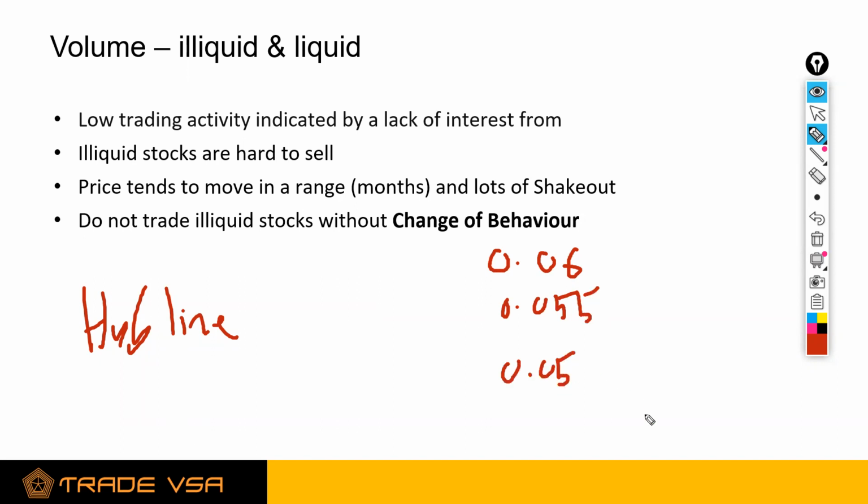Of course, at the time my friend and I thought, we buy here, we sell here, easy, because the price had been ranging in this range for months, even years. It was very illiquid. So my friends and I thought we'd put in the money, buy here and sell here. Easy money, right? Easy money.